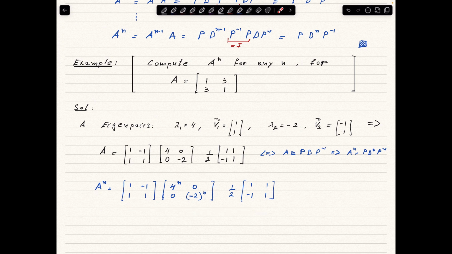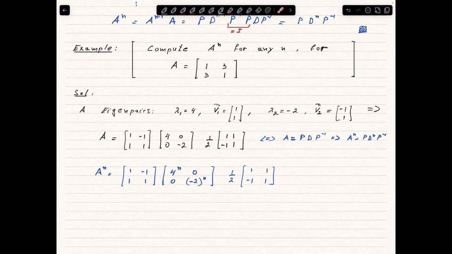So that is what we need to do to compute n powers of a matrix that is diagonalizable: two matrix products. We do it in any order. So for example, in this order, we keep the 1, 1, negative 1, 1, and then we still have the 1/2. And then we have 4 to the power n times 0, 4 to the power n. This column times this row is going to give 4 to the power n.